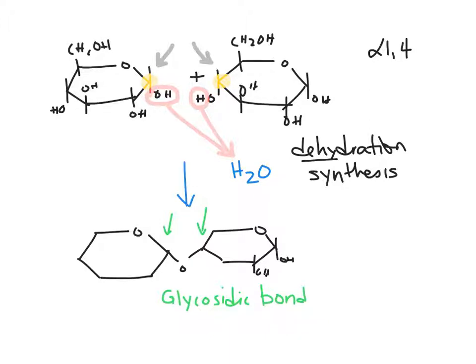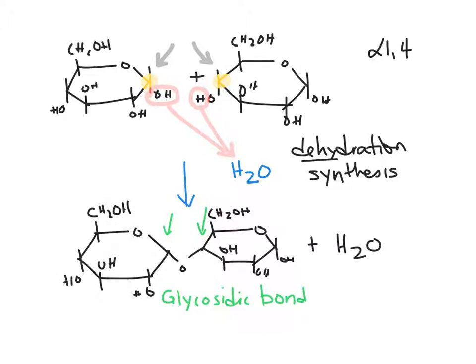Let me do that. And if you remember, if I took 2 glucoses and put this together, I would get a maltose and water produced. So that's how we do it.